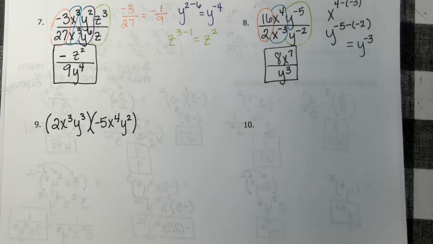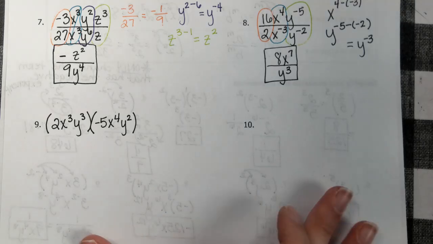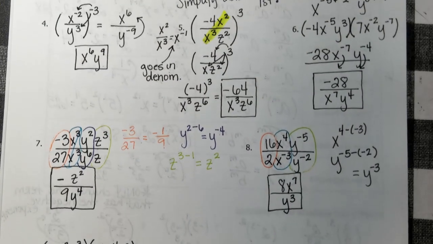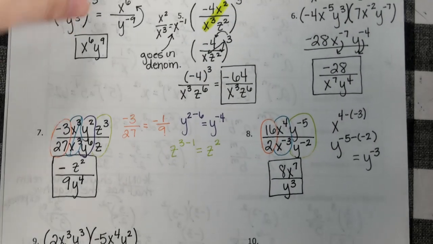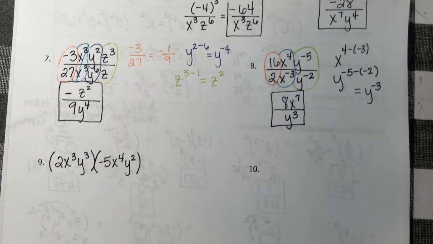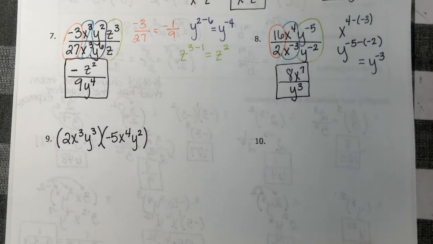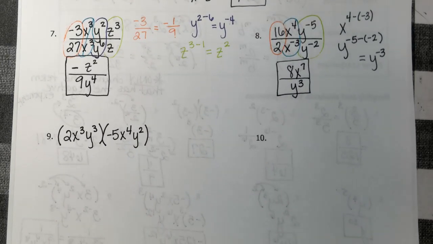It's supposed to be 2 multiplied by everything. Okay, if you're still confused, look at number 6. Reference number 6 if you need help. Okay, that was not that hard.